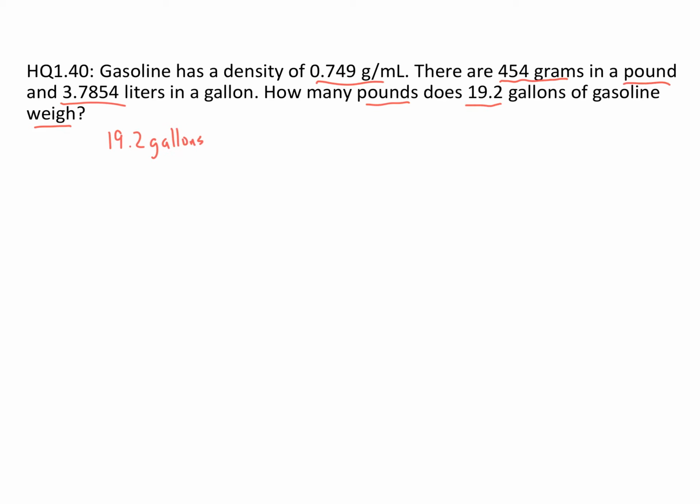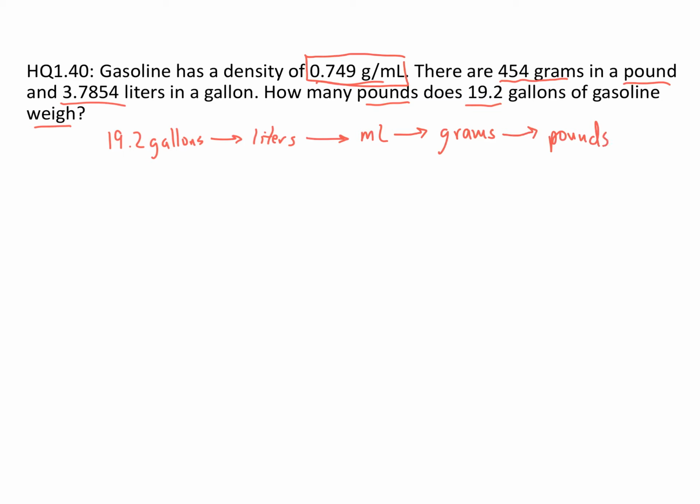I need to turn that into liters, because once I know that volume in liters, then I can convert that to milliliters and then use the density to convert that to mass. Once I get that in grams, one final conversion and I can turn that into pounds.